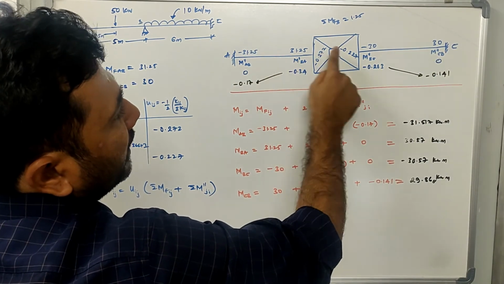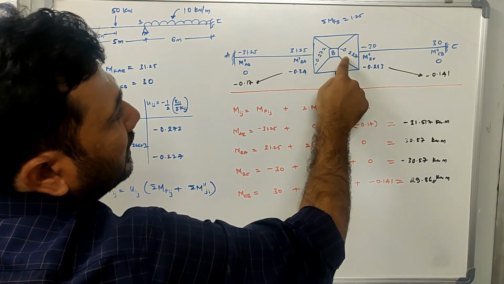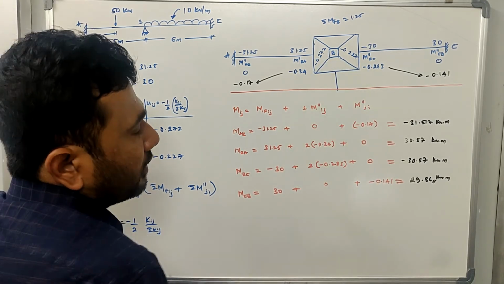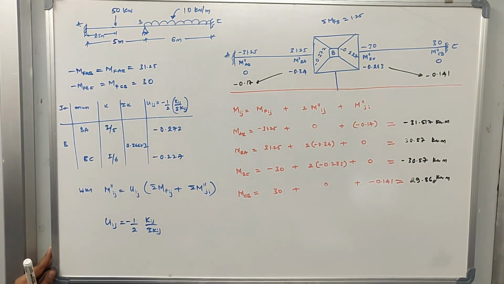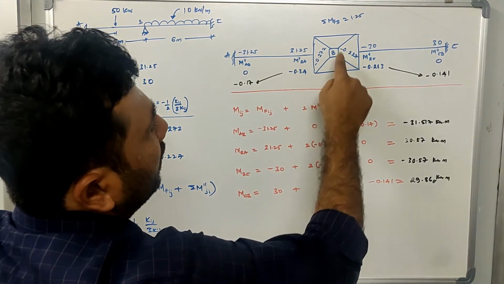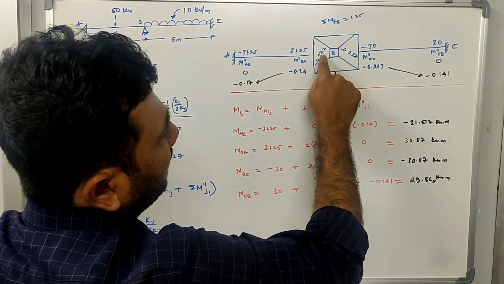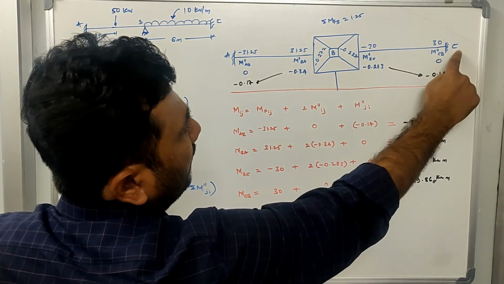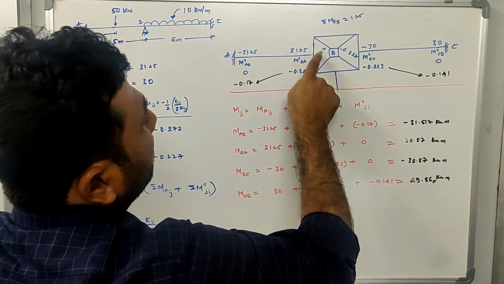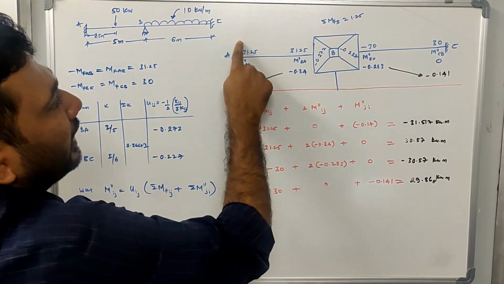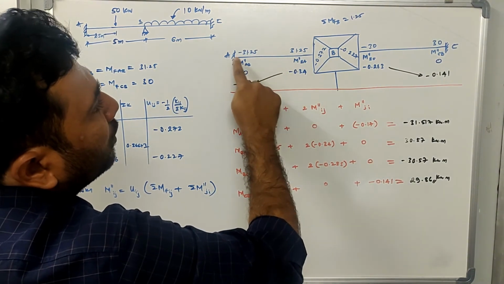Here we have BA and here we have BC, and these are their respective rotation factors. Now you try to understand what I have done. First I'll draw this diagram, then write the rotation factors, then draw the lines to represent members BA and BC. Initially, I'll write the fixed end moments above this line.